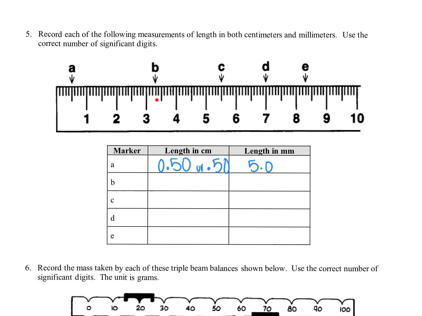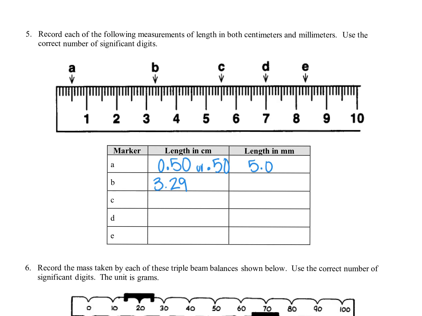Let's make it just a slight bit off so you can see a different example. So let's say this arrow hits just right before that 3.3 line. What comes before 3.3? Okay, 3.2, and then it's almost to the 3.3, so what number would we put after the 2? How about a 9, right? Like 3.29.